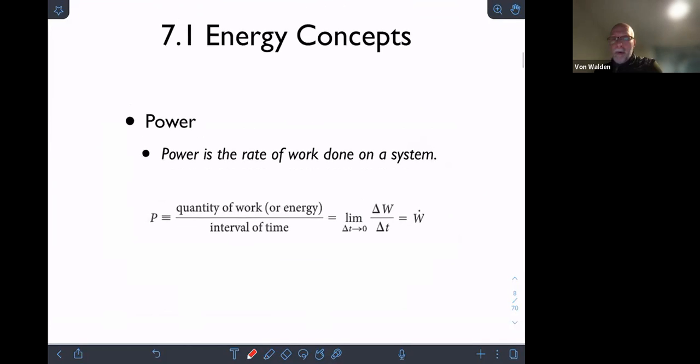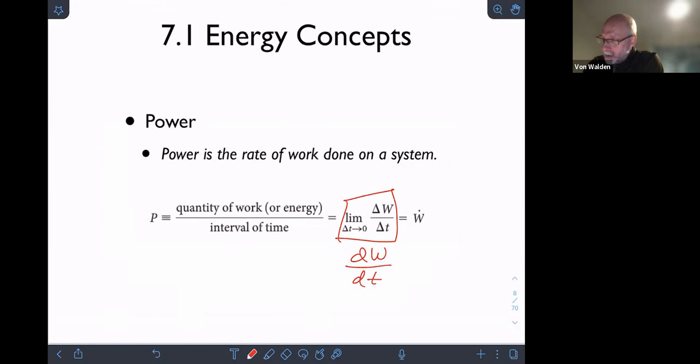Now, power, as I mentioned, is the quantity of work per time, and so this can really be written as, in the limit, dW/dt. As delta t goes to 0, this would become a differential.